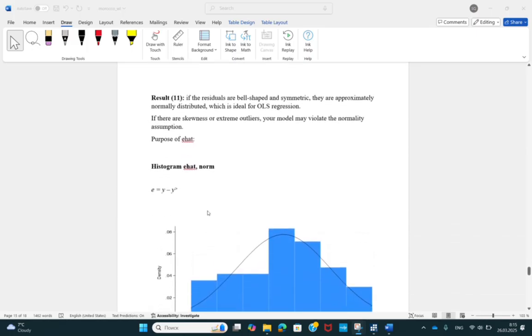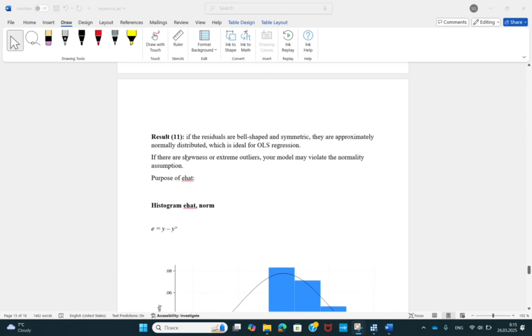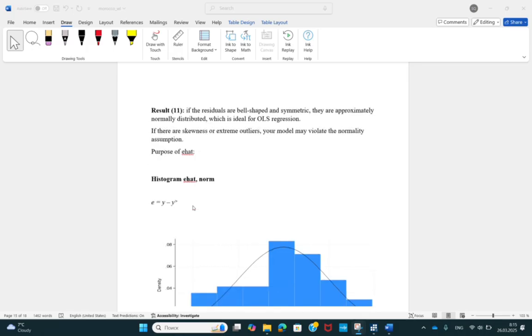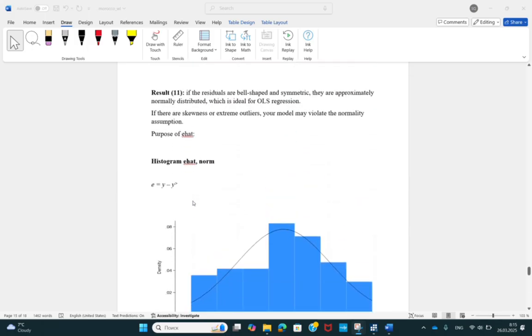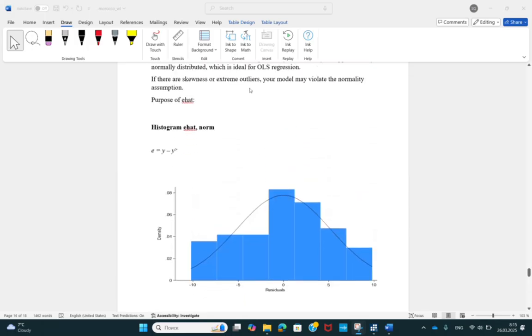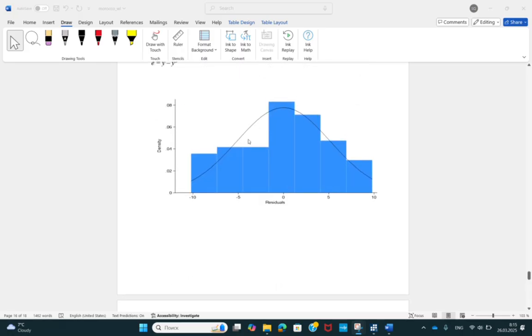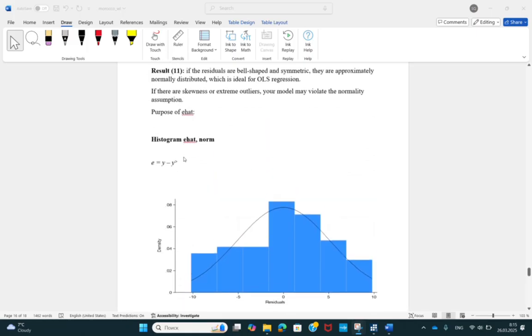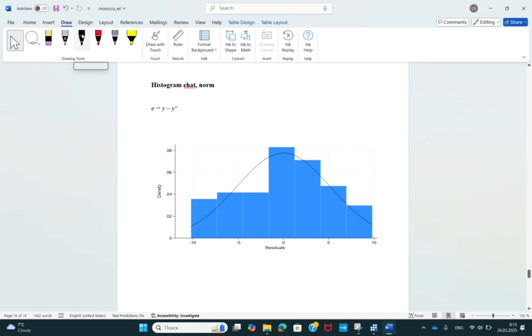And our last result is the 11th. If the residuals are bell-shaped and symmetric, they are approximately normally distributed, which is ideal for OLS regression. And this is the histogram of e hat and the histogram of y hat. If there is skewness or extreme outliers, your model may violate the normality assumption. This is close to normality. Here is the problem.